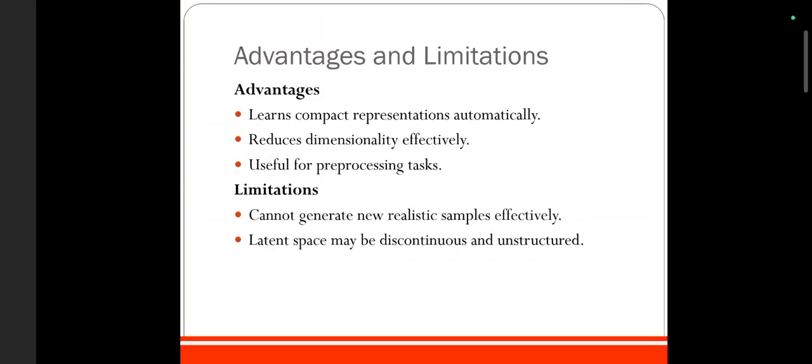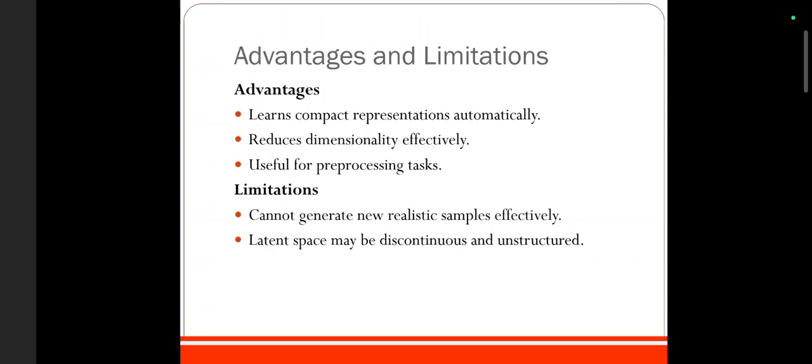Advantages and limitations. Like every machine learning model, autoencoders have both advantages and limitations. Some of the major advantages are that they automatically learn compact representations of data. They effectively reduce dimensionality without manual feature engineering. They are also very useful as a pre-processing step before applying other machine learning algorithms.